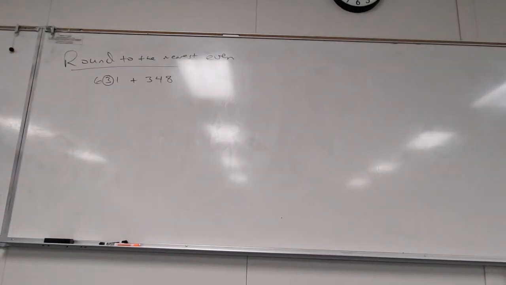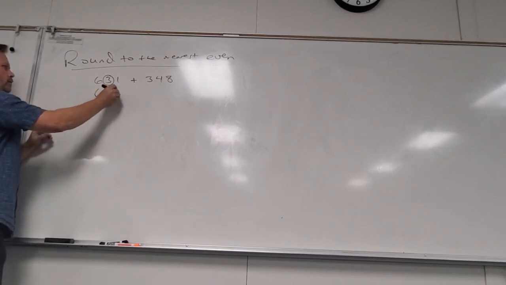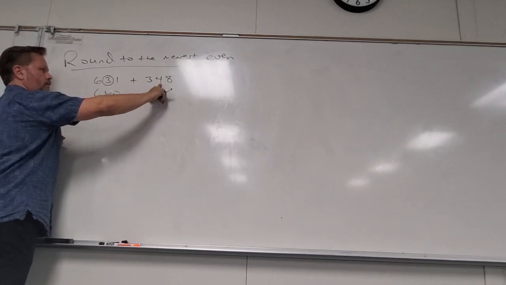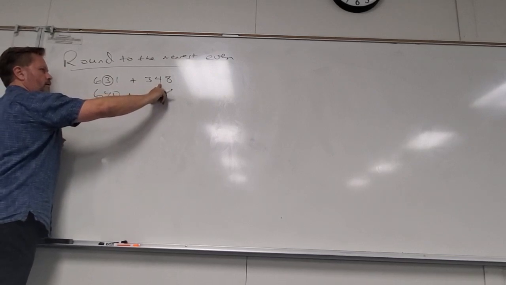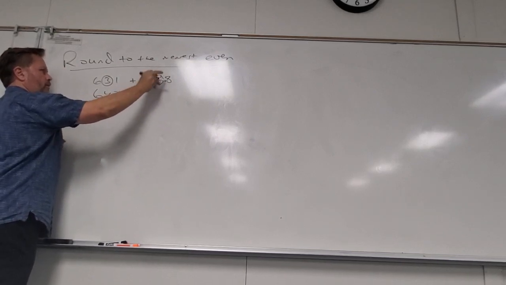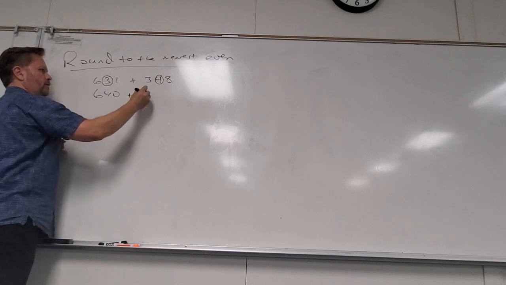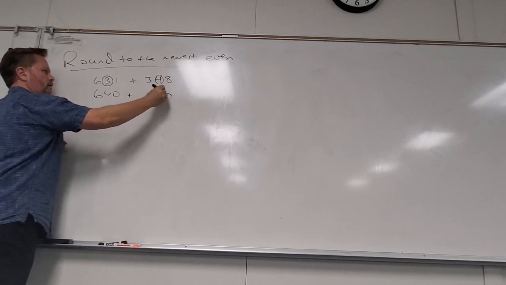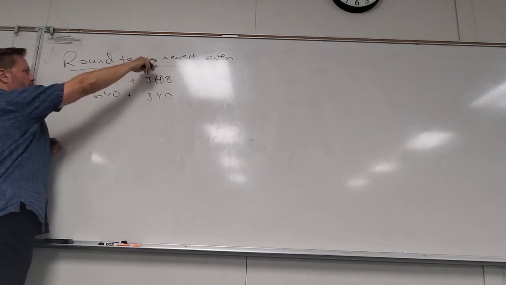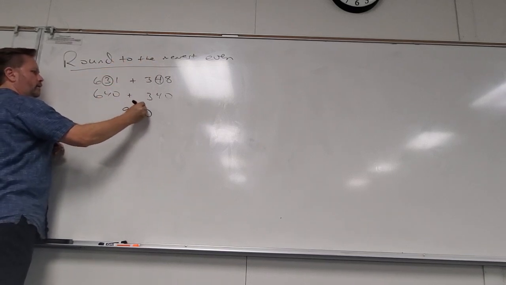So which one would I do? 640. It's closer to 40 than 20. Same thing here. I want to make this number even. It's already even, so I'm just going to make it 340. So my estimate by doing round to the nearest even would be 980.